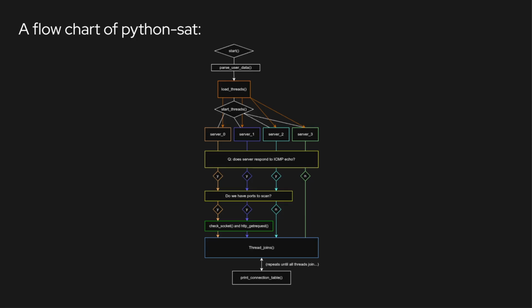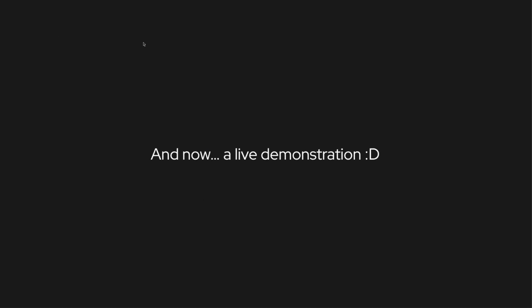So if I have 5 servers I have to check, I have to wait for each individual server to check the connectivity. Whereas if I use something like a threading module, I can check each server simultaneously and have an extremely fast output.